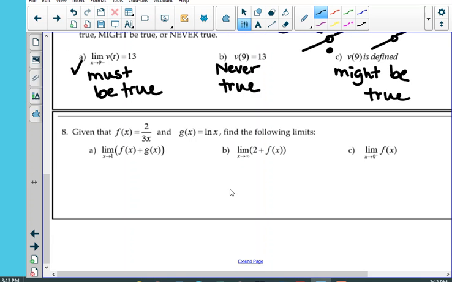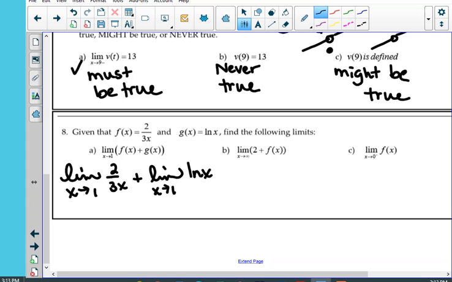Okay. Last 3 questions. A little bit of limit laws. The limit as x approaches 1 of the sum of these 2 functions means we're going to look at the limit as x approaches 1 of one of them, plus the limit as x approaches 1 of another one. So this will be 2/3 plus the natural log of 1, and the natural log of 1 is 0, so that's just equal to 2/3.